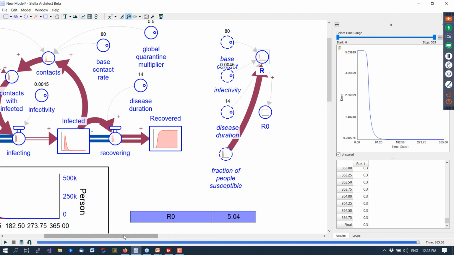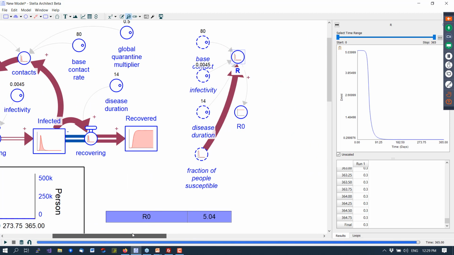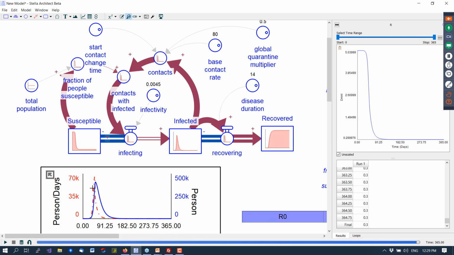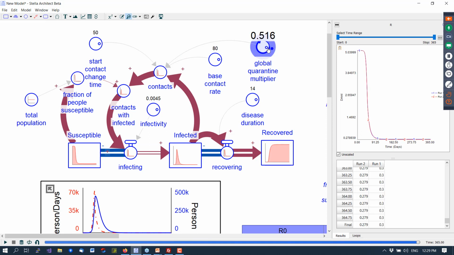It's my mistake. I didn't set that up quite right. It also gets cut way down. And as a consequence, you end up with still a fair number of infections, but that dies out much more quickly than it would have if that global quarantine multiplier had been closer to 1.